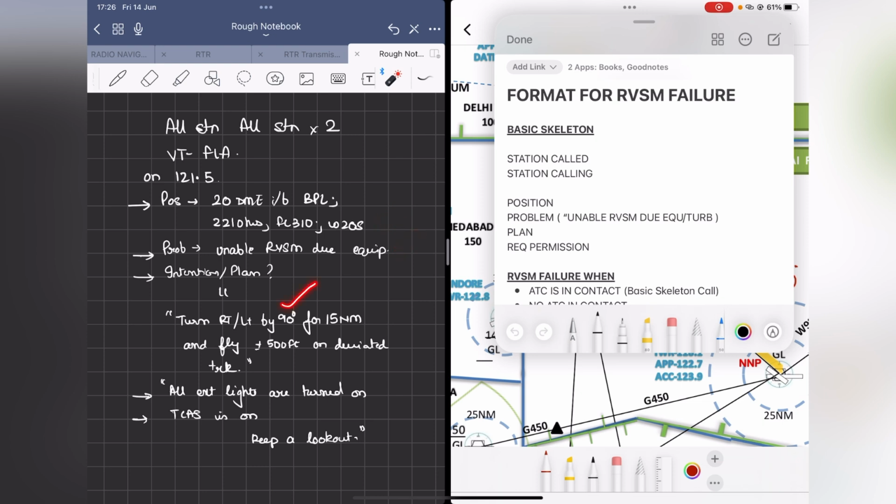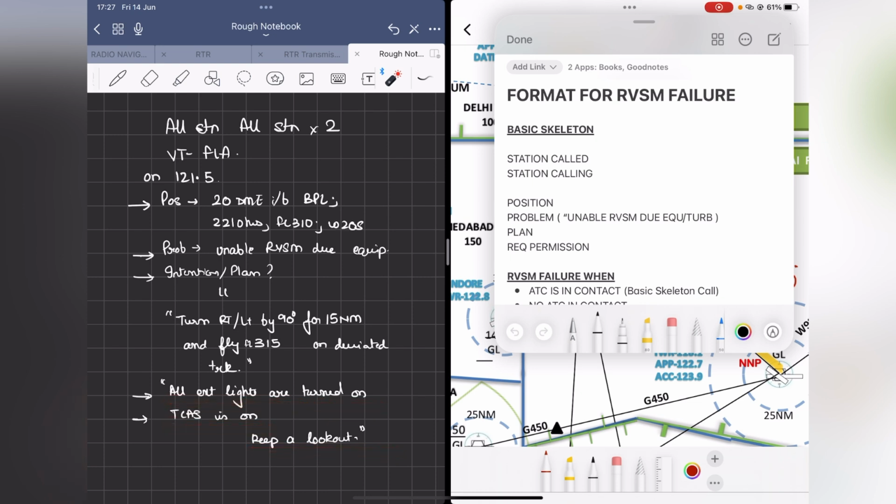Turning left by 90 degrees for 15 nautical miles and we'll fly plus minus 500 feet, which in my case, if I were to write it as an answer, I was maintaining 310, I will fly flight level 315. So we'll fly flight level 315 on deviated track. All external lights are turned on, TCAS is on, keep a lookout.